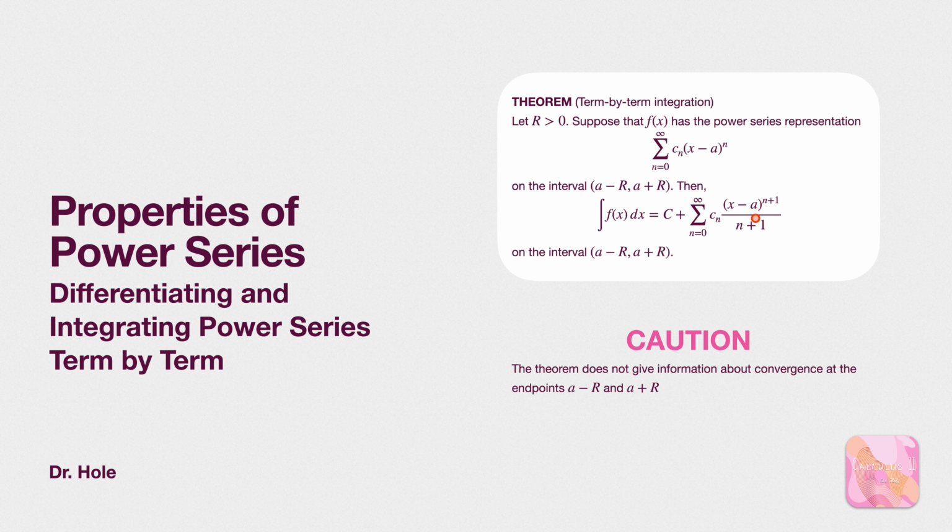And we'll pick up some function represented by this power series. What is the sequence defining the power series? The sequence is Cn over n plus 1 as coefficients to x to the power n plus 1.